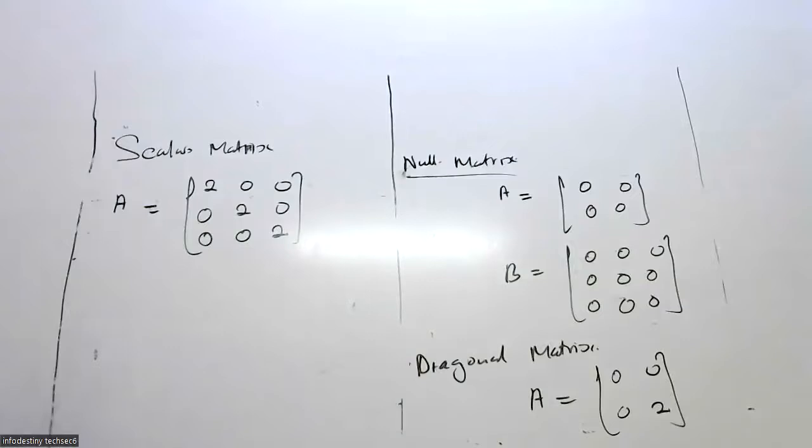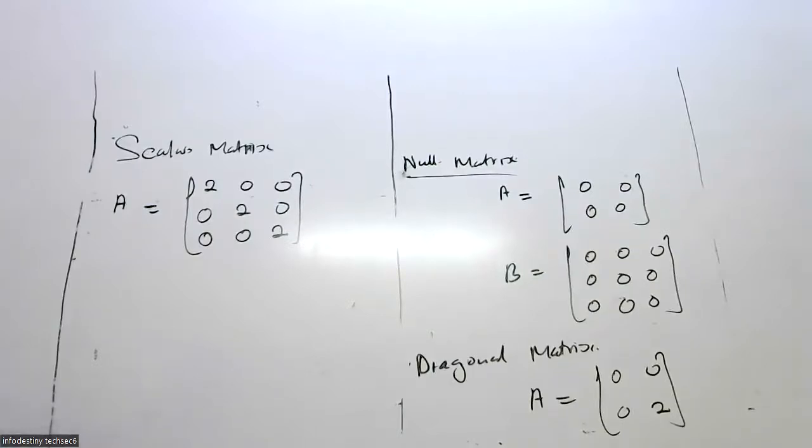The next one, we look at the identity matrix. It is a matrix whose every element in the leading diagonal is equal to 1.